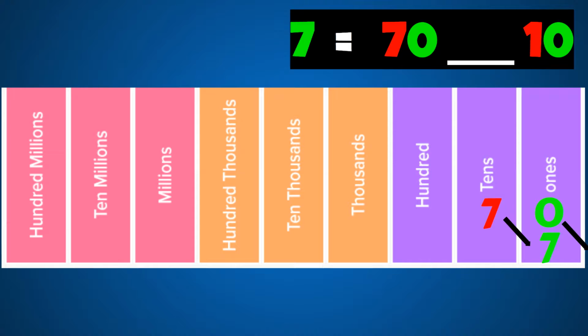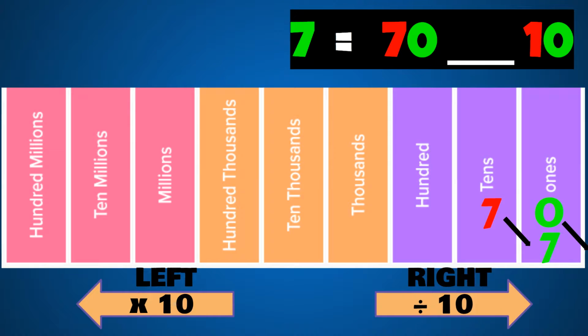Well, remember in our previous lessons, we went over that if the arrow is going to the left of the place value chart or in the place value chart, you're timesing it by 10. But if the arrow is going to the right in the place value chart, you're dividing it by 10.